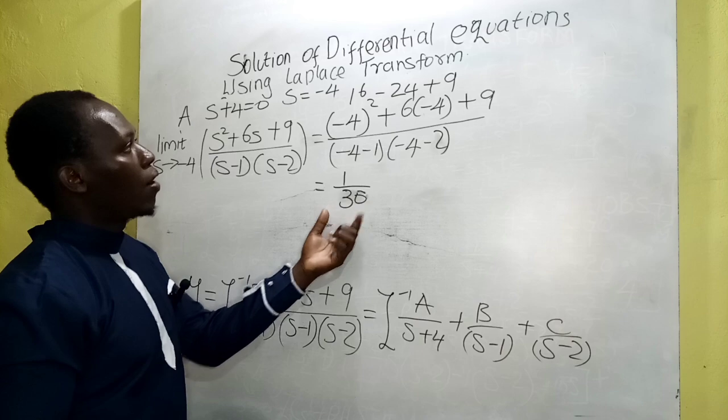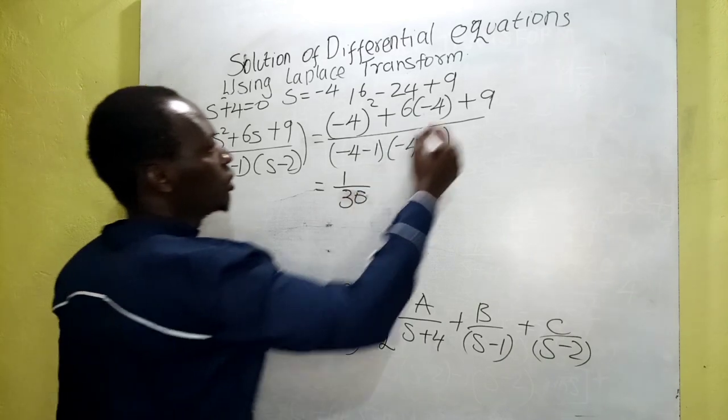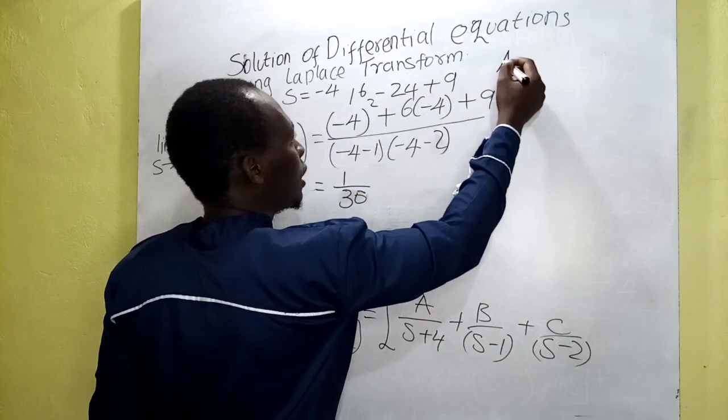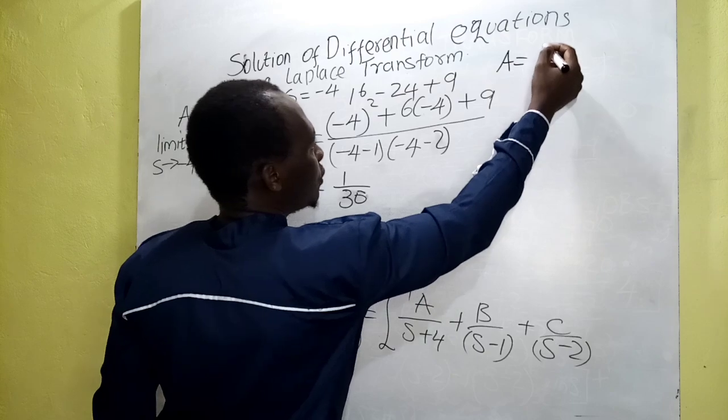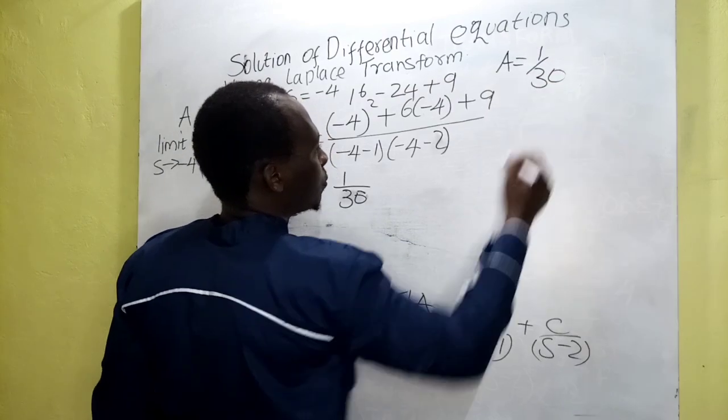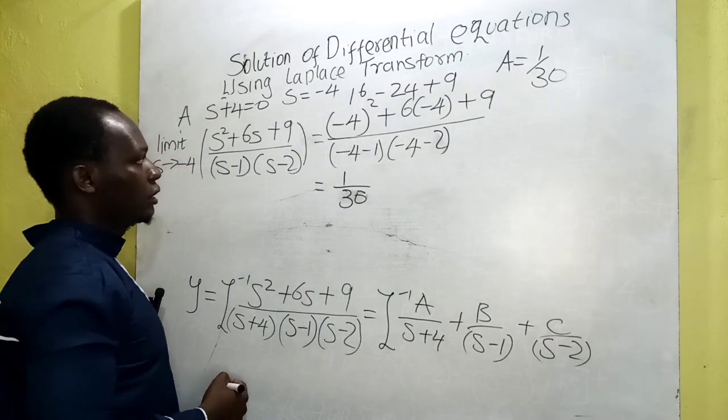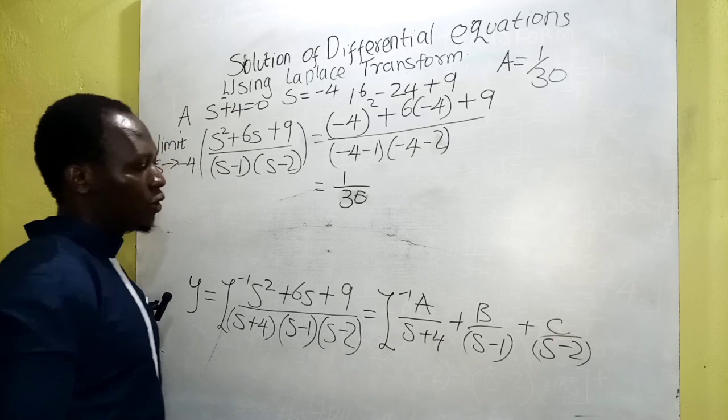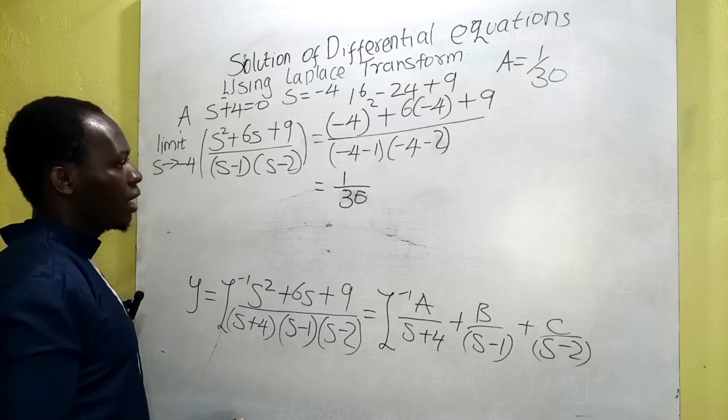This is now our value of a, to mean that a is equal to 1 all over 30. Let us get the value of b, still using the cover-up rule.